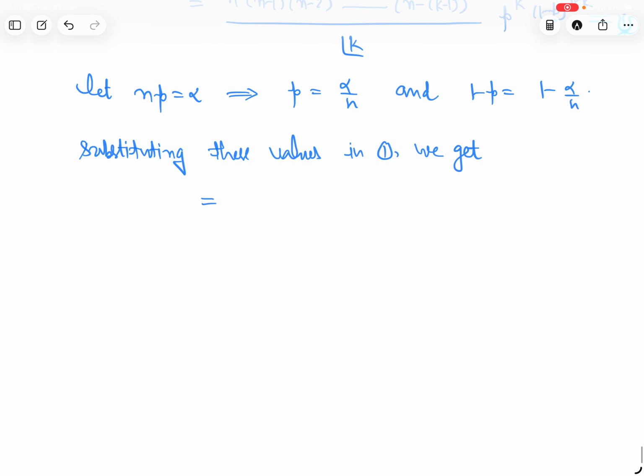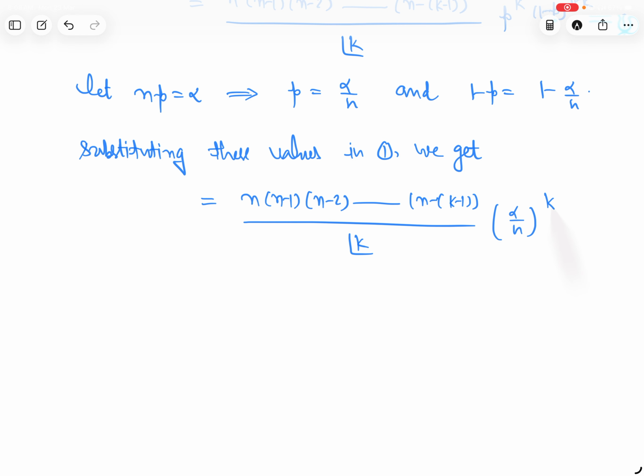We get n(n minus 1)(n minus 2) up to (n minus k plus 1) upon factorial k, (alpha upon n) to the power k, (1 minus alpha upon n) to the power n minus k.